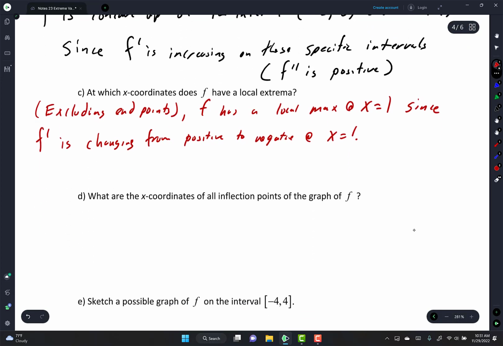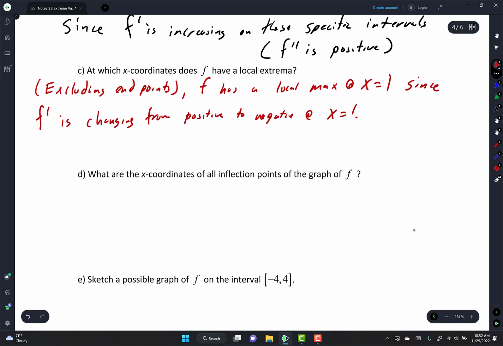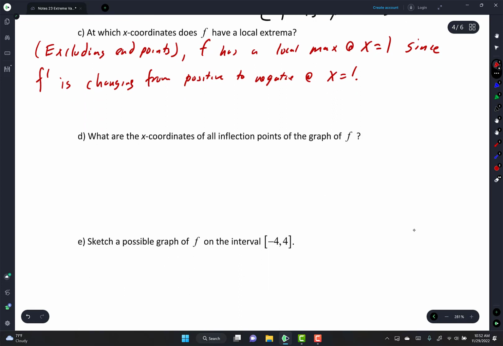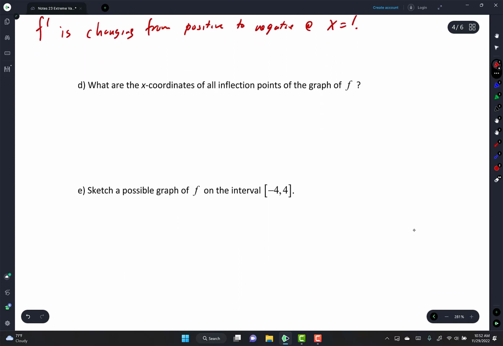All right. There is something going on at the endpoints. We will talk about that later on because I feel like right now it's too soon that we're throwing you guys a whole bunch of stuff. Letter E. What are the coordinates of all inflection points for the graph of f? Remember that inflection points come where the second derivative changes signs.